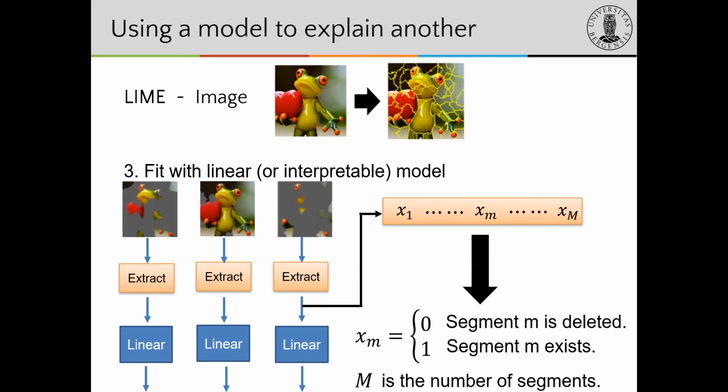Then if segment m is deleted, then x_m equals 0, and if the segment exists, then it's 1. Then we can get a relatively small vector to represent the original input. Then we use this to fit the linear model.